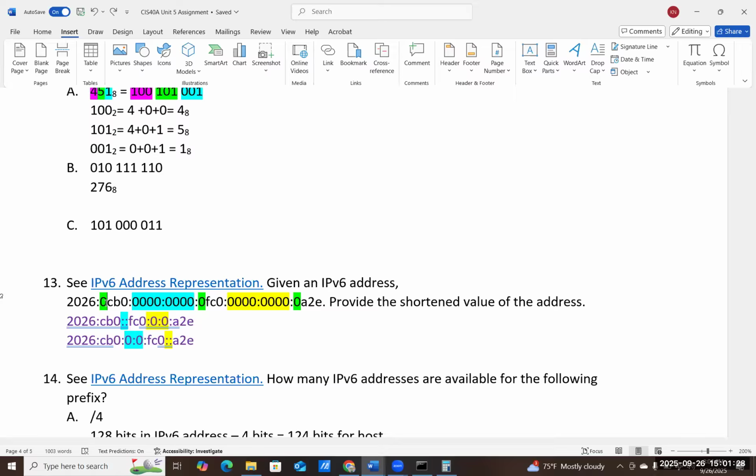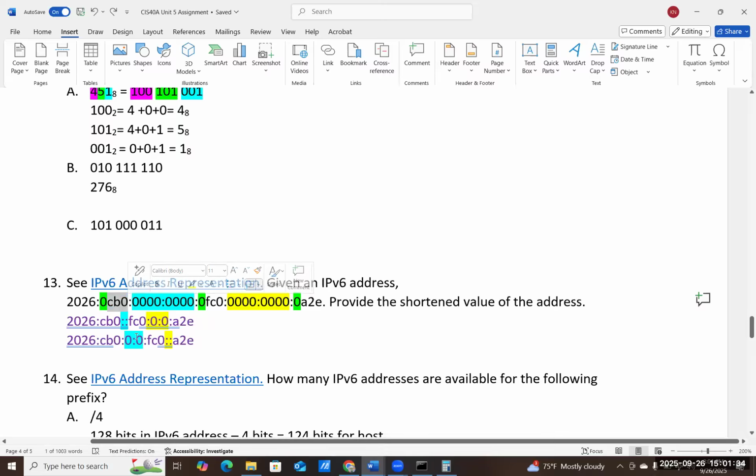But you have to keep the value that is significant. The C, the B, and the 0. Okay. We can omit the 0, but we gotta make sure that the C, B, and 0 that's following gets placed underneath. The next group of zeros, because they are 0, we can condense it to a double colon.